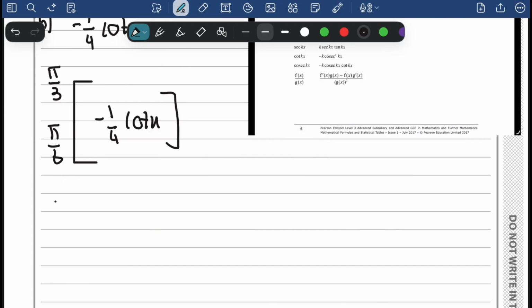And we're going to get minus root 3 over 12. And then putting pi over 6 in our calculator, we get minus root 3 over 4. Then if we take these away, we get root 3 over 6. And that's the final answer.